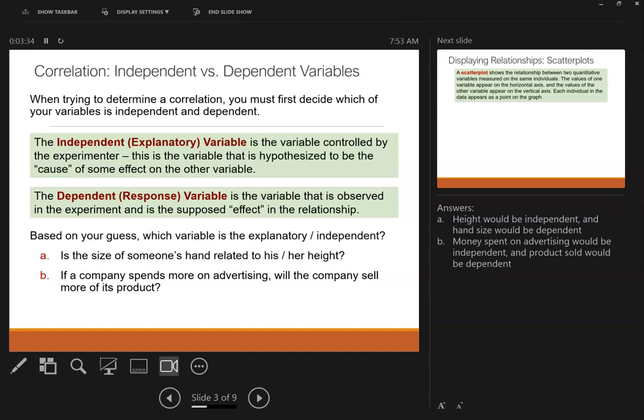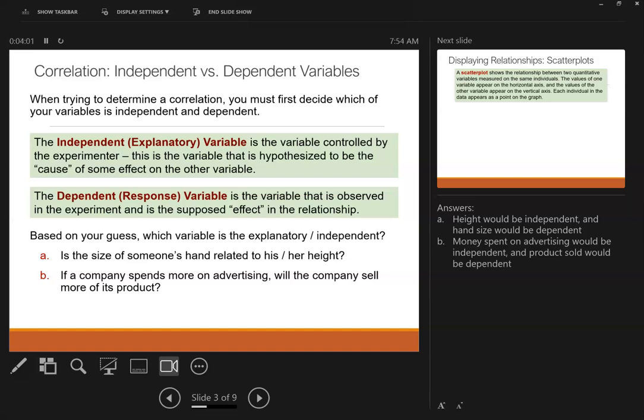Which is the cause? The height, right? You expect if you're a taller person that overall all your body parts are proportionally larger as well, right? You have longer legs, longer arms, bigger feet, all that kind of stuff.